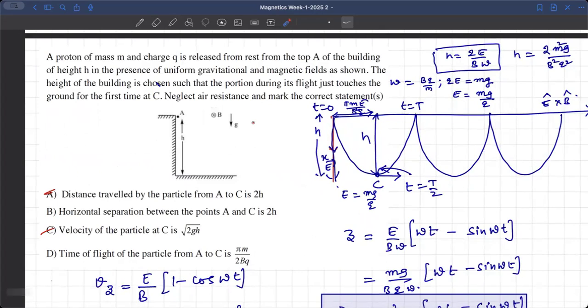How? One minute please. As I know, I have given these questions in homework also.